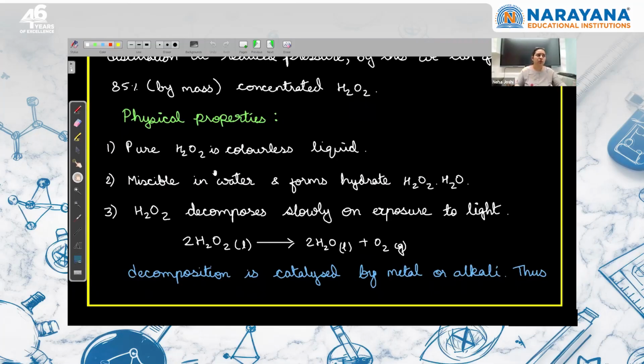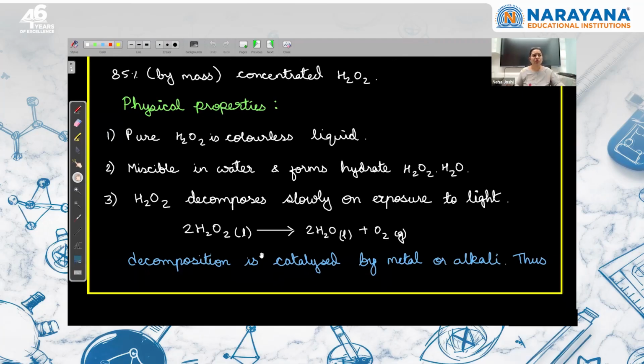Physical properties of H2O2, it is when pure is colorless and of course liquid at room temperature, miscible in water, form hydrates like this. H2O2 decomposes slowly on exposure to air. Okay, as it is a peroxide. All peroxides on exposure to air decompose, releasing oxygen gas.